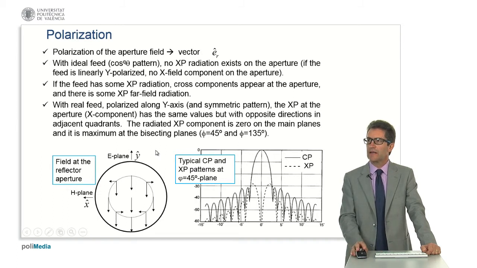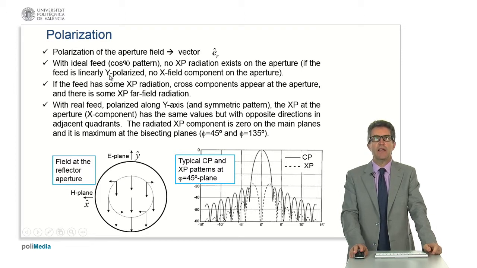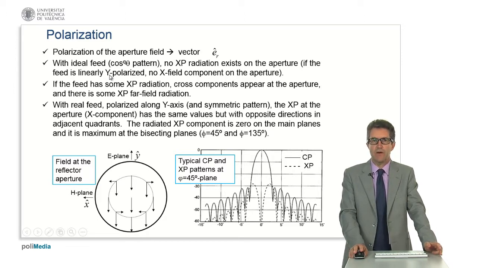Just talking a little about polarization, we have calculated it in the model of the aperture with an ideal feed, for example, a cos-q pattern. There is no cross-polar radiation on the aperture. If the feed is linearly y-polarized, there are no x-field components at the aperture.